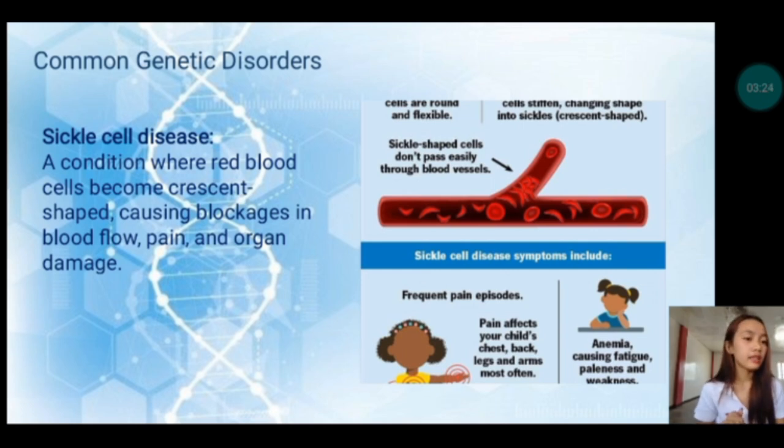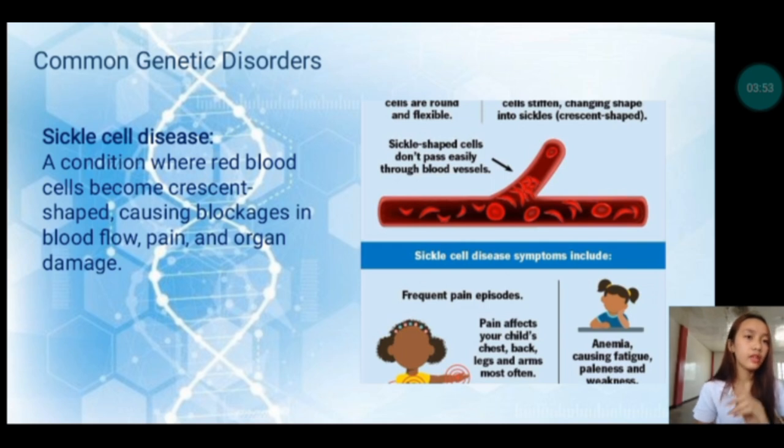Normally, our red blood cells are round and flexible, but in sickle cell disease they become stiff, and their shape is like a crescent moon or sickle. For example, in this picture, you can see the moon-shaped blood. This is the sickle or stiff blood.